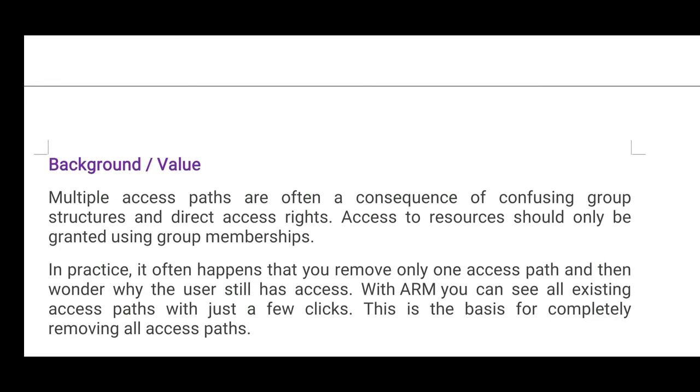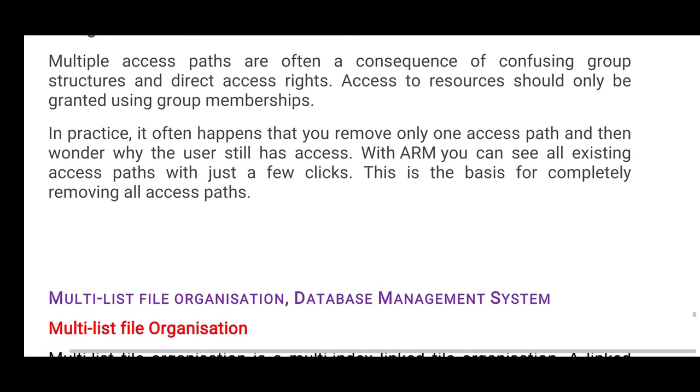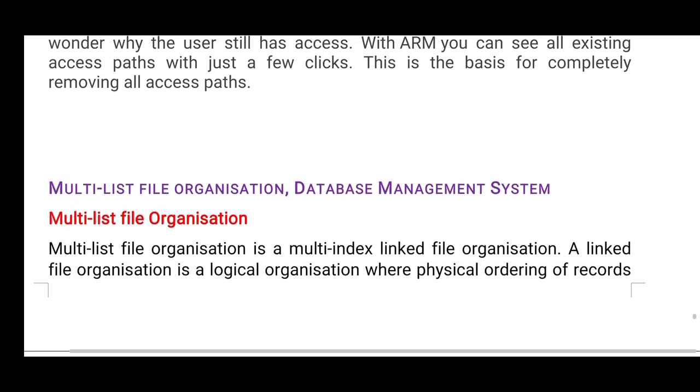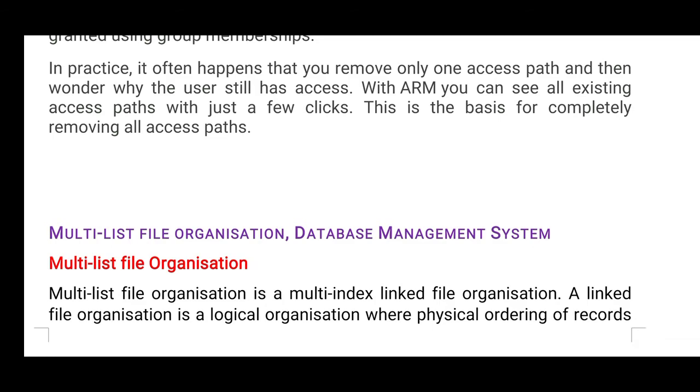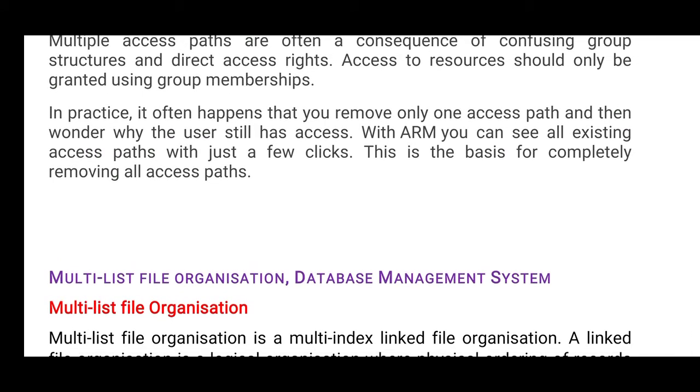Multiple access paths are often a consequence of confusing group structures and direct access rights. In practice, it often happens that you remove only one access path and then wonder why the user still has access.